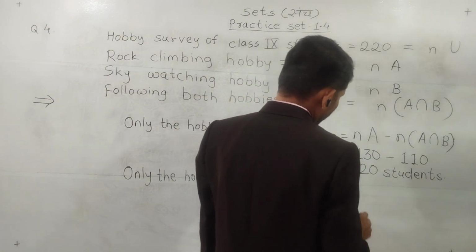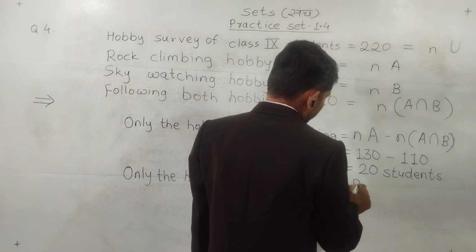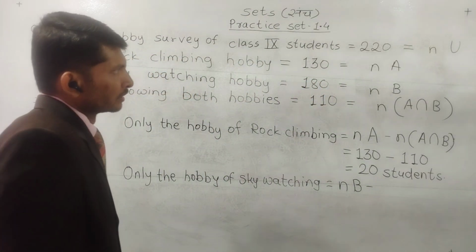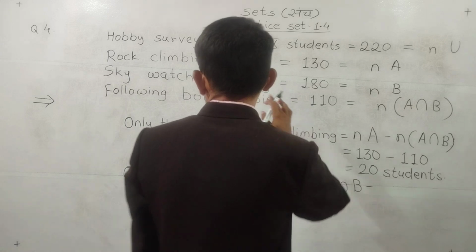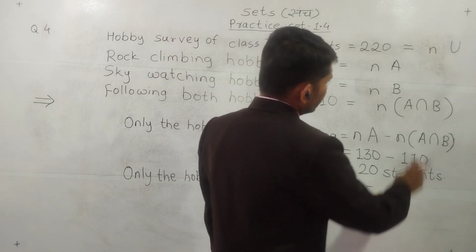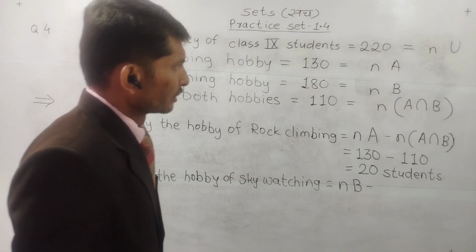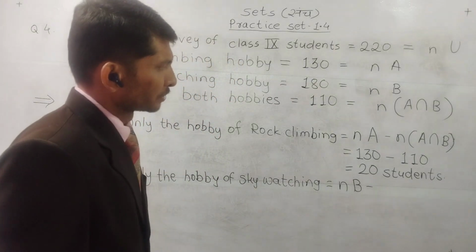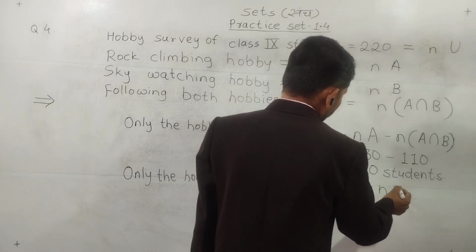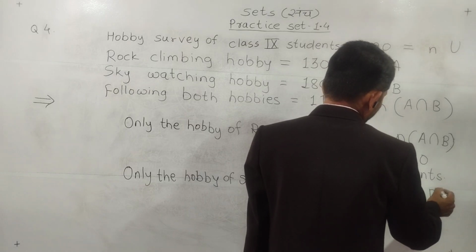Okay, so we have to write here number of elements in set B minus, so we have to subtract the total number of students having the sky watching hobby minus the intersection of A intersection B, means that the students having common hobby, we have to subtract from set B, as same as this. Okay, so we can write here number of elements set A intersection set B. We have to subtract this.